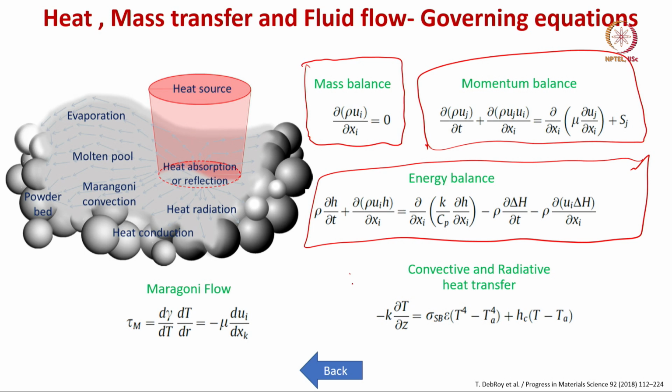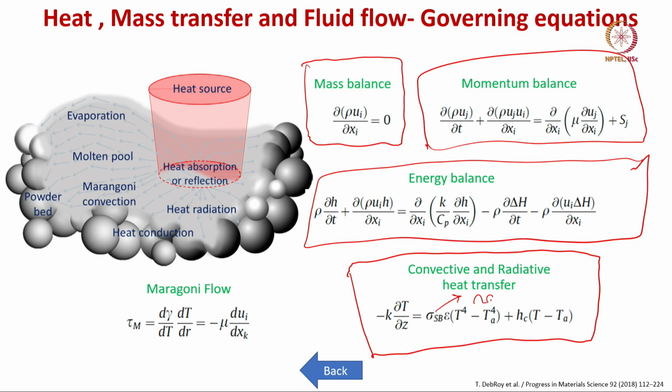If you look at that combination of convective and radiative heat transfer, this part is the radiative heat transfer, this part is the convective heat transfer, and this is the thermal conductivity and then temperature gradient.